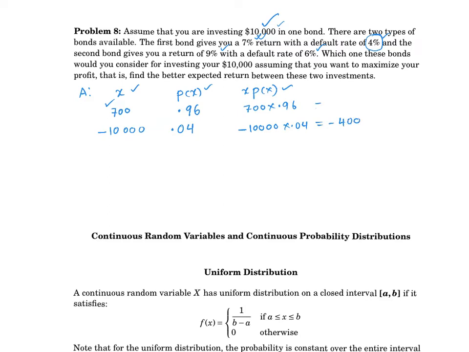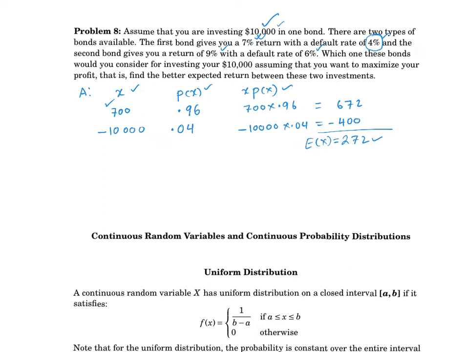And this number, let me just quickly calculate it on the calculator. 0.96 times 700 is 672. Now, if you add these two, you're going to get 272. So your E of X, the expected return for bond A, is 272.